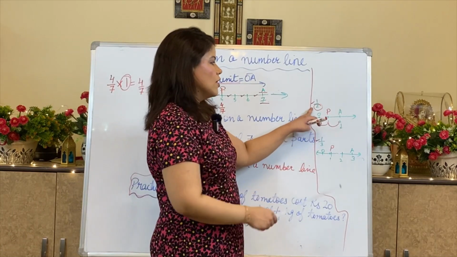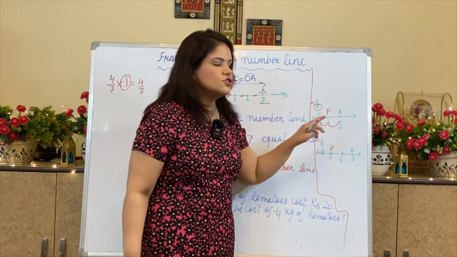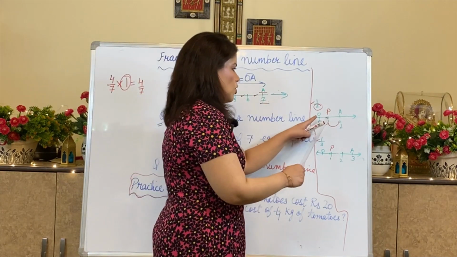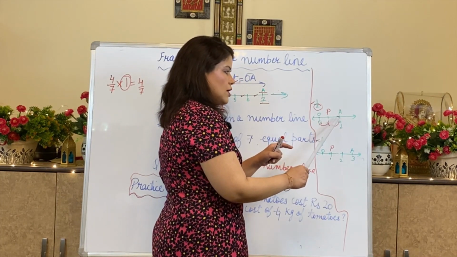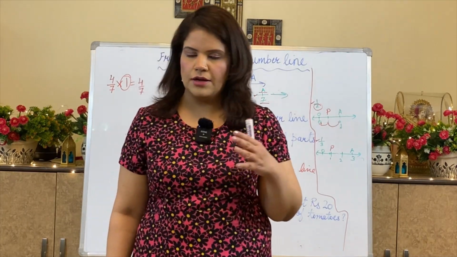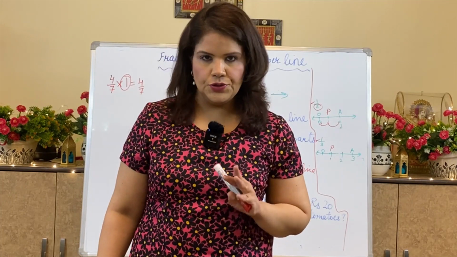Now if I have to represent half on this OA, how will I represent it? First of all, O will become 0, this point after that we will take as 1 and A will be taken as 2. That means we have to divide this OA into 2 equal parts.